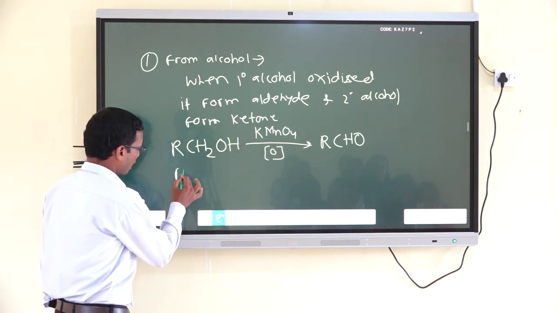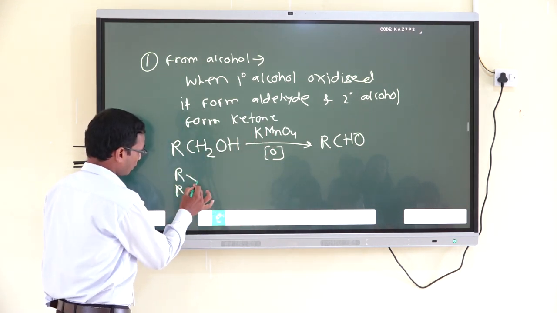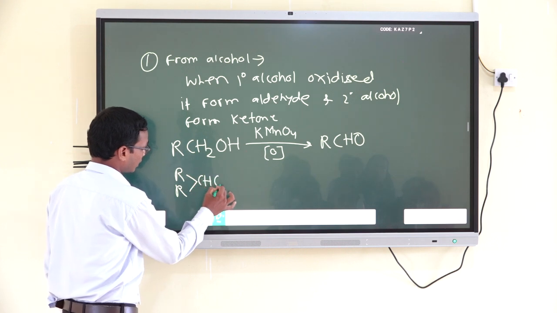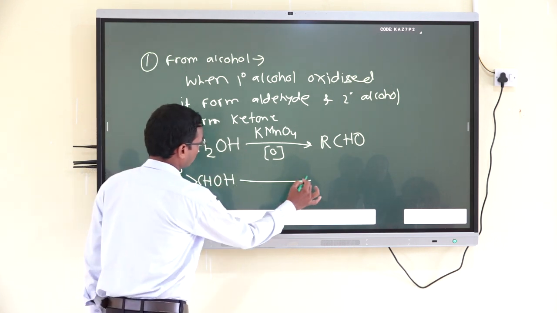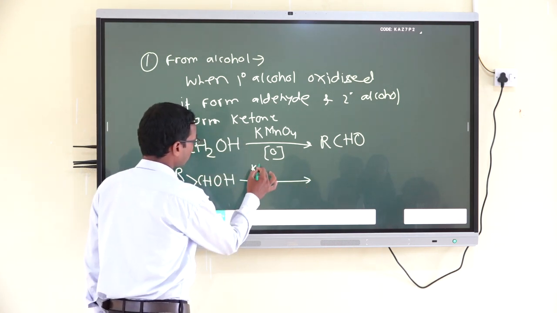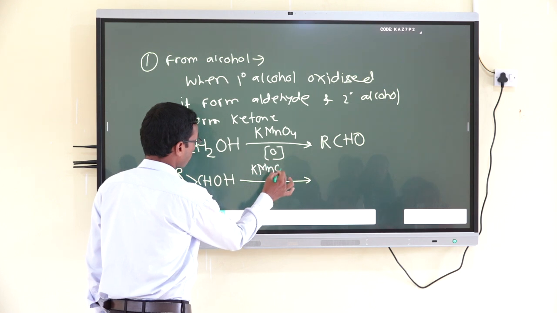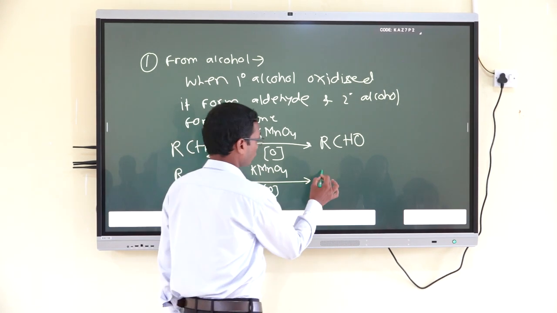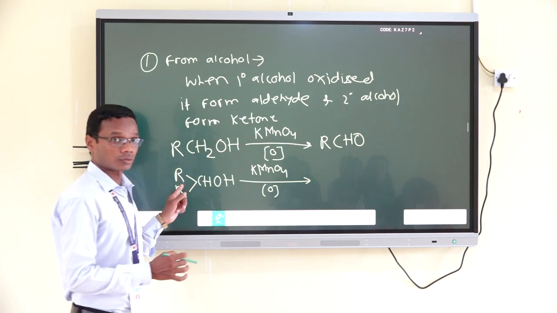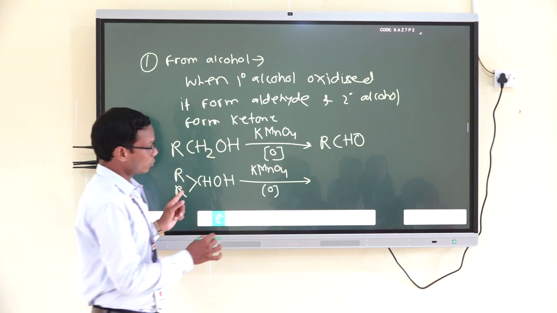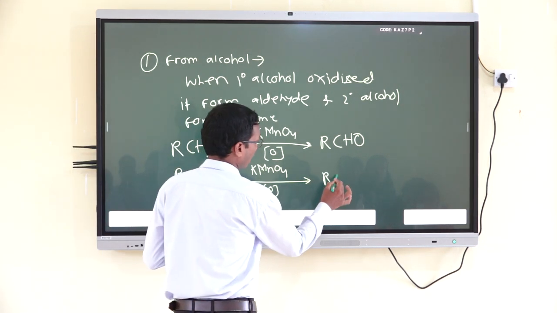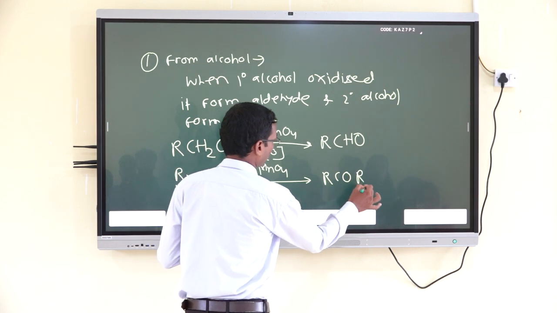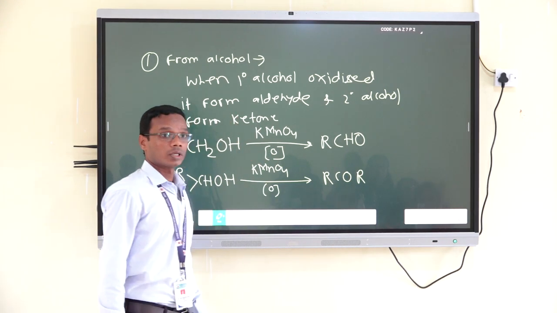But when R2CHOH, this is secondary alcohol, is oxidized, there are two alkyl groups, so it produces R2CO, that is ketone.